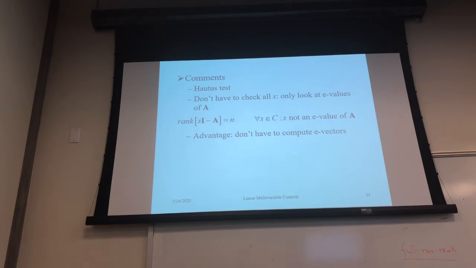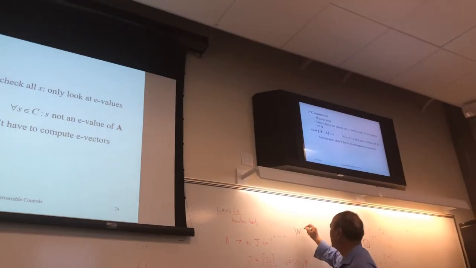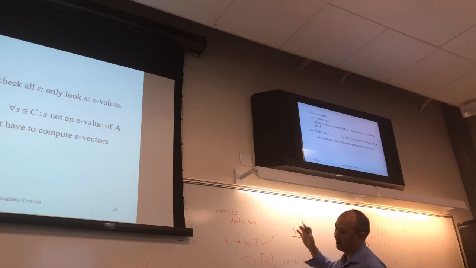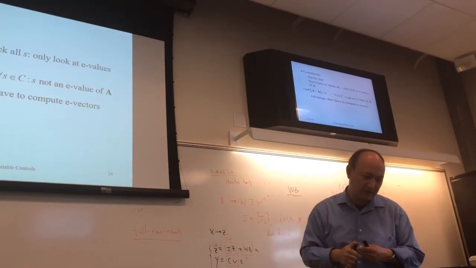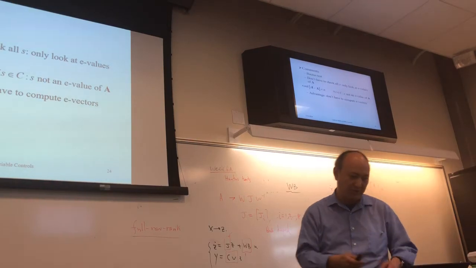Remember, for controllability, if you are given A, you need to diagonalize it or use a Jordan block, then check WB, the matrix structure, then check the rank and see whether it's controllable or not.